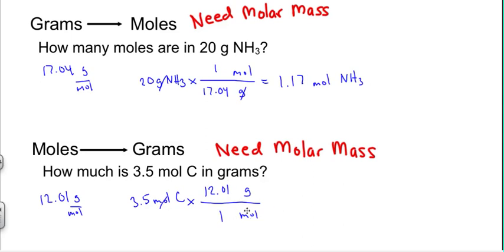Moles are going to cancel. Now I'm just going to run 3.5 times 12.01 into my calculator, and I should get 42.04 grams of carbon in 3.5 moles of carbon.